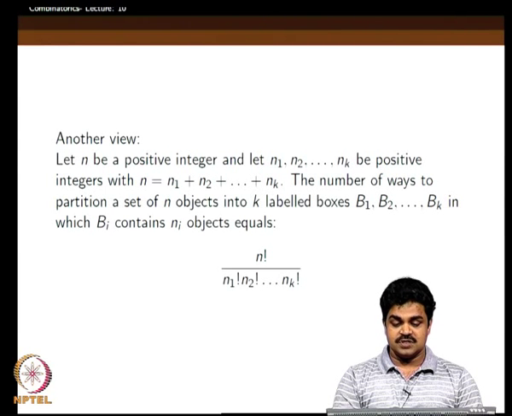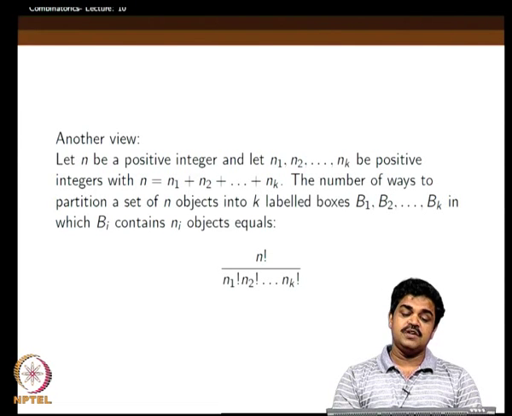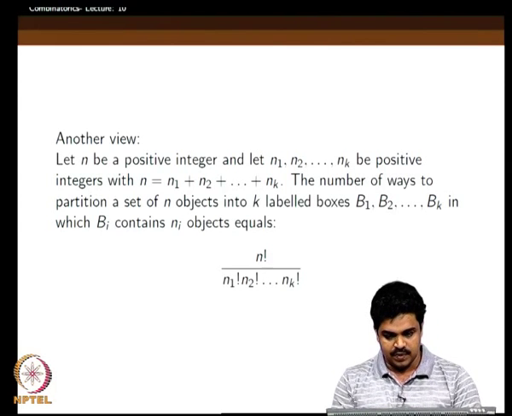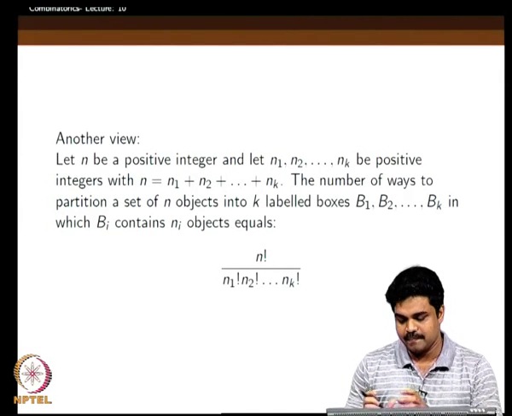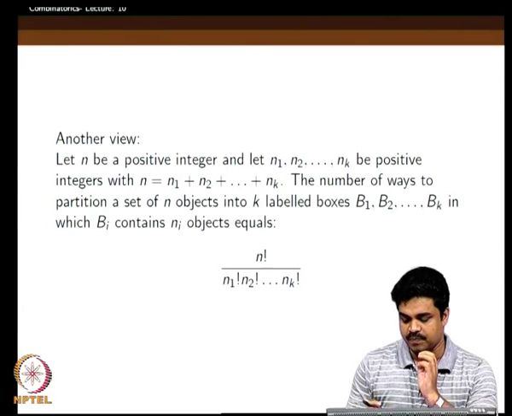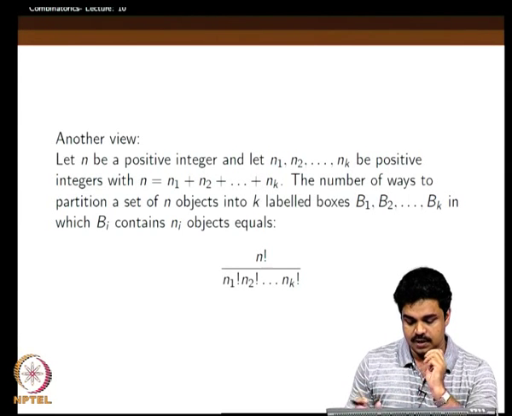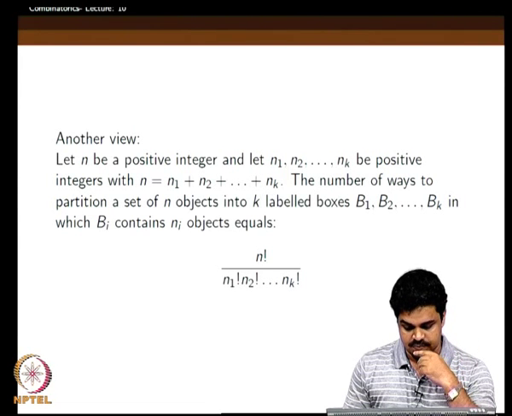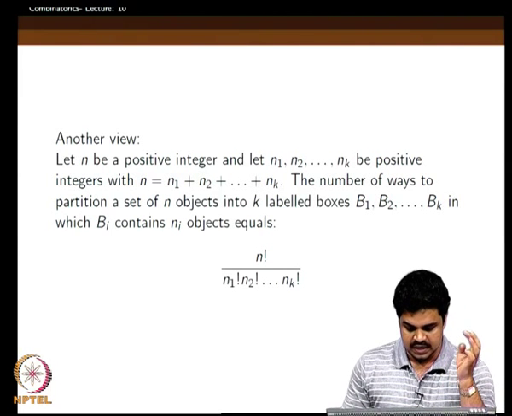Now, those n1 positions are gone, and n minus n1 positions are left, and out of these n minus n1 positions, n2 should be given to type 2, or in other words n2 of them should go to box B2. The types now match with the labeled boxes, k types, and the positions are the distinguishable objects here, and they are going to n1, n2, up to nk, something like that.